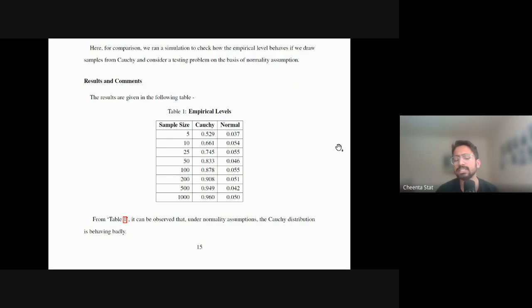But the basic idea, I think you can observe that for the same level of significance, the Cauchy has a larger value.